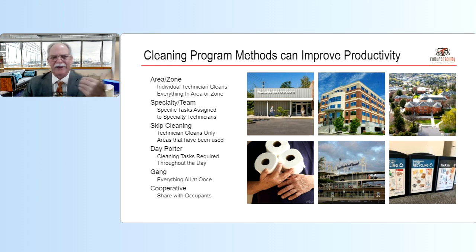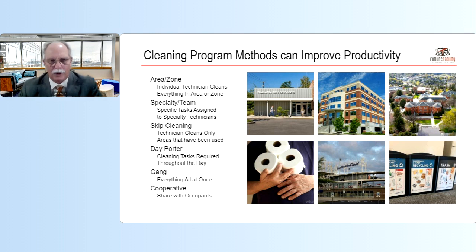The other thing that we do to increase productivity goes kind of back to the macro level and looking at how do you improve productivity? Well, a lot of times that is contingent on the building you're cleaning. People and buildings are a symbiotic relationship. A building can't exist without a person building it, and people can't exist without a building to survive and to protect them from the environment.